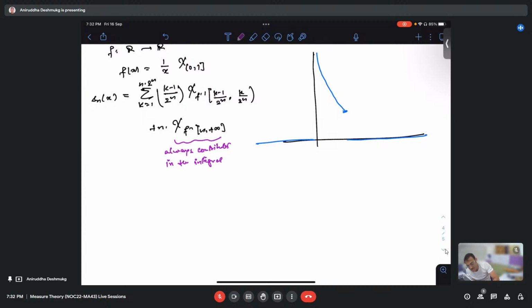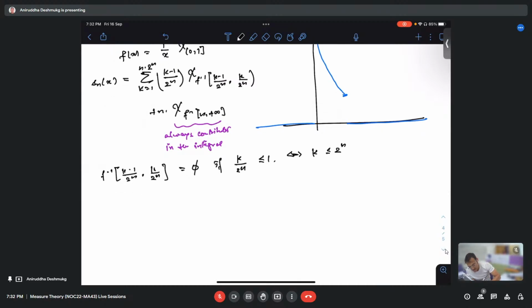What does not contribute is f inverse of k minus 1 by 2 to the power n to k by 2 to the power n. This could be empty if k by 2 to the power n is less than or equal to 1, which is the same as saying k is less than or equal to 2 to the power n. And therefore, this Sn(x) actually, or maybe since I'm not writing x on the right hand side, let me not write it on the left hand side as well.